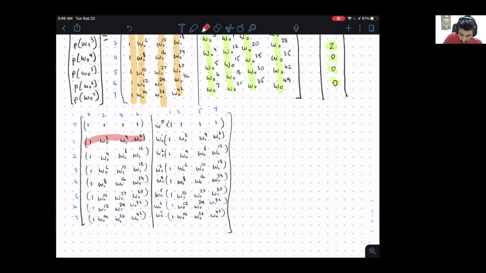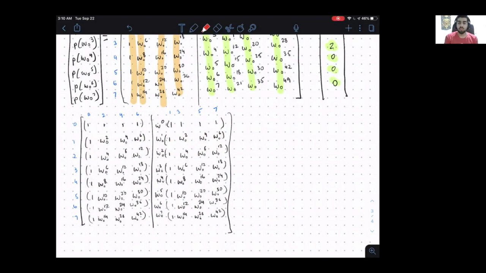So this and this, and this and that. So the left and right halves of the rows are the same, apart from again that constant omega naught to some power. Okay, so now we have all the tools that we need to really break down this matrix.